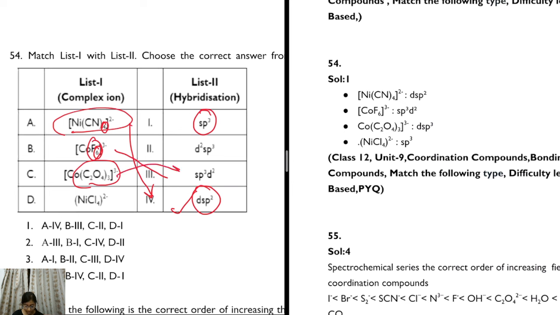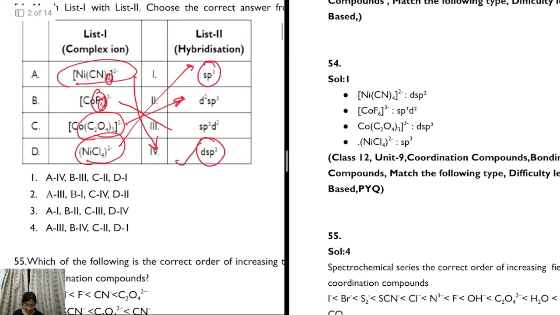So, it would be this. Sorry, it would be this. Just a second. Because it is a stronger field ligand, the d orbitals which occur before will be participating. Now, in NiCl4, it is the left one, that is sp3. So, our answer would be this.